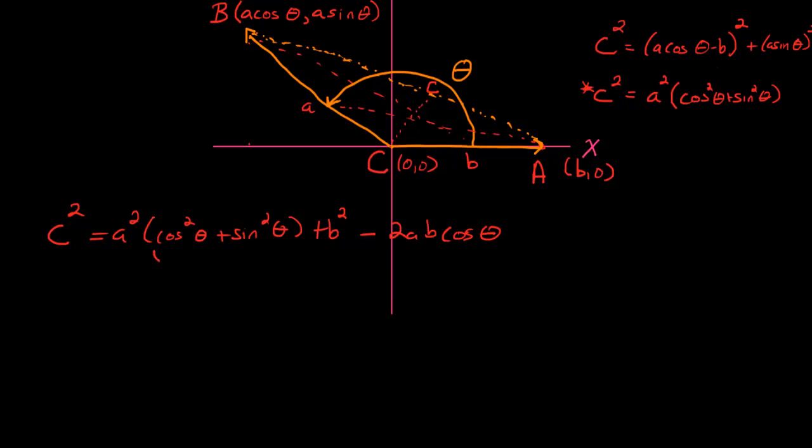And we know cosine squared plus sine squared is equal to 1. So c squared equals a squared plus b squared, and then we subtract off this 2ab cosine of theta.